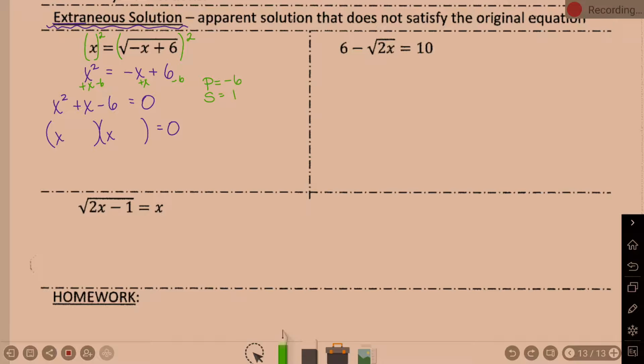So what numbers multiply to be negative 6 and add to be 1? 3 and negative 2. 3 and negative 2.